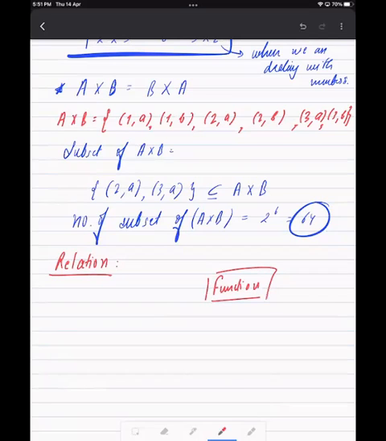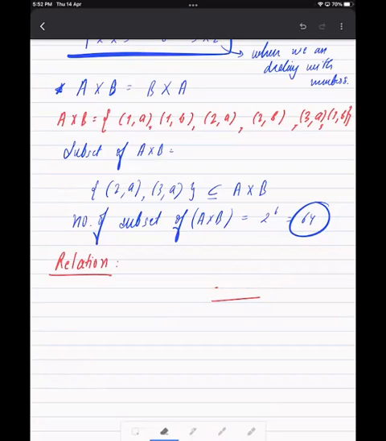It doesn't have much weightage. But if you are studying mathematics without knowing the actual knowledge of relation and functions, I think there is no use. No use. You will not be able to crack any exam if you are not taking this chapter seriously.